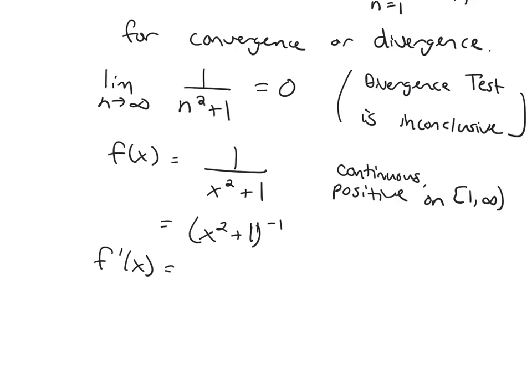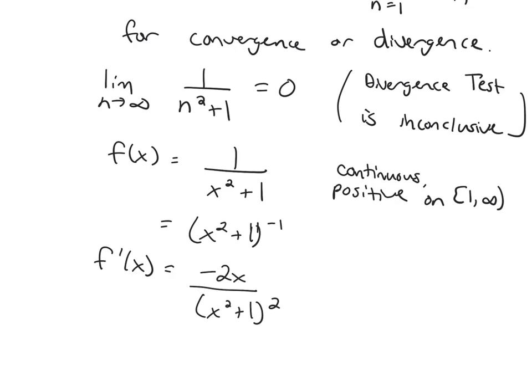Negative 2x over x squared plus 1 squared, right? Because it'll be to the negative second power, and I move it to the denominator. The denominator is a square, so that's guaranteed to be positive.